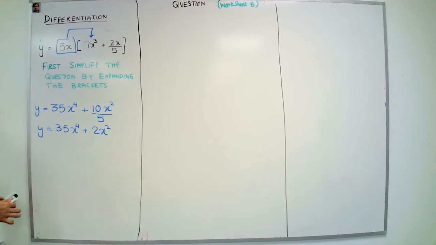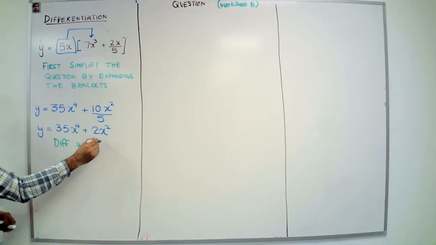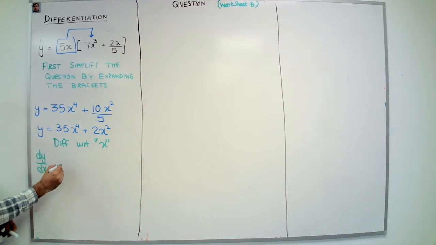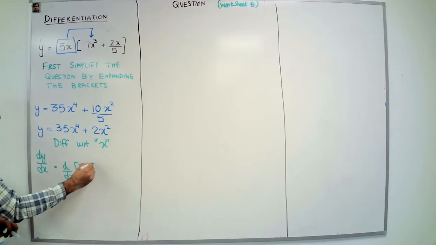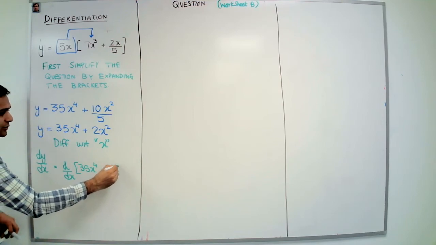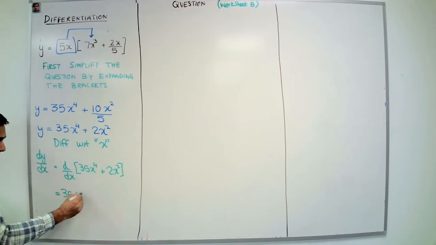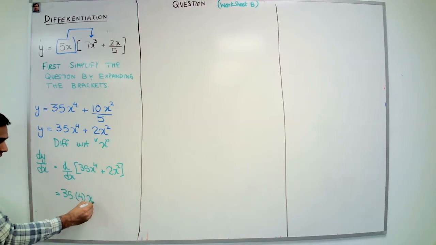Now you know how to differentiate. You will differentiate with respect to x, and that will become dy over dx, d over dx of 35x to the 4 plus 2x squared. When you differentiate this bit, 35 stays outside, 4 comes out, reduce the power by 1, so 4 minus 1 is 3.